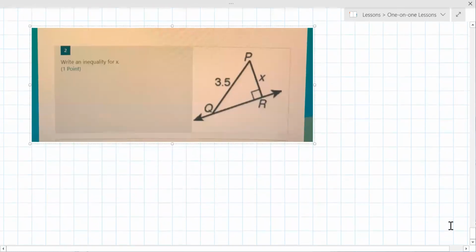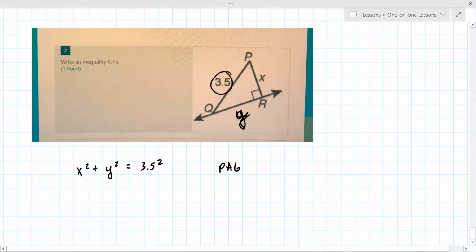I can just sort of talk around it because I don't know. Let me call this Y. What we do know is that X squared plus Y squared equals 3.5 squared. That's the Pythagorean theorem. We also know that the hypotenuse is the longest side. So we know that X has to be less than 3.5.